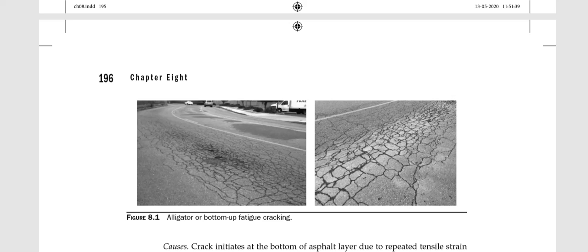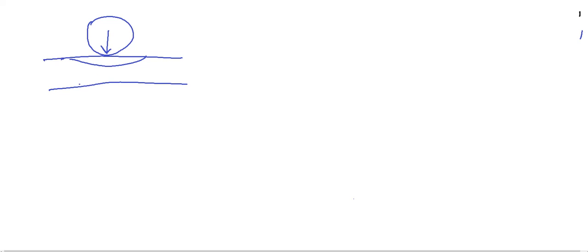Now, how does this crack occur? Let me show you by schematic. If I say the pavement slab is this, and if I apply some load on the pavement, then this slab will bend, and there will be some tensile strain at the bottom of the asphalt.